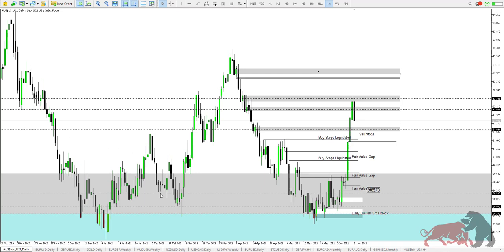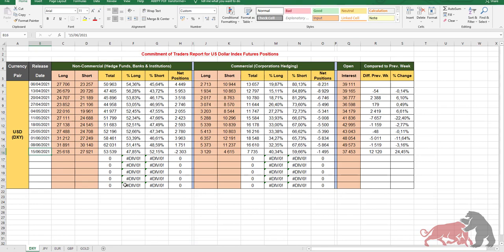And one other thing, let's see what the COT number for dollar index looked like. And it's a very interesting number on dollar index. The non-commercials have reduced both their long and short positions, but they took off a huge chunk mainly on their long positions, right? And then the commercials have also reduced their long exposure on dollar by about 2,000 positions.